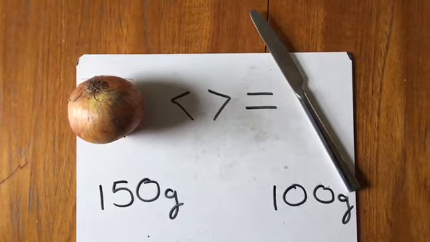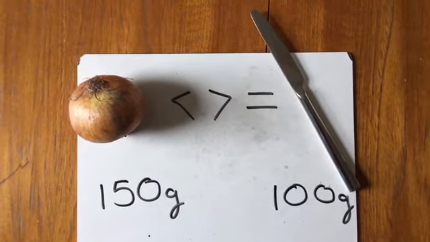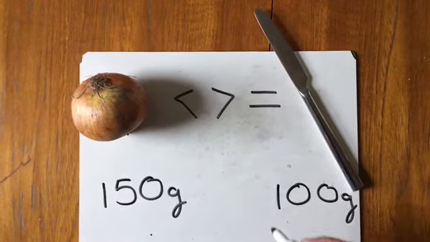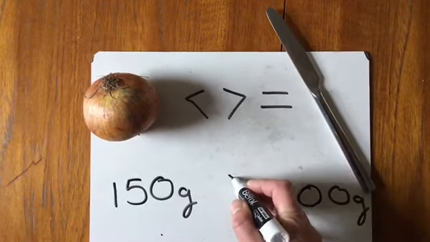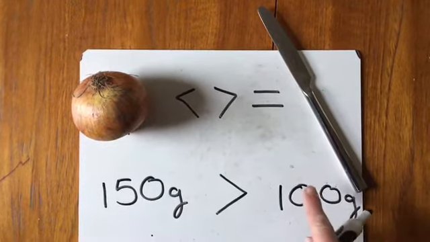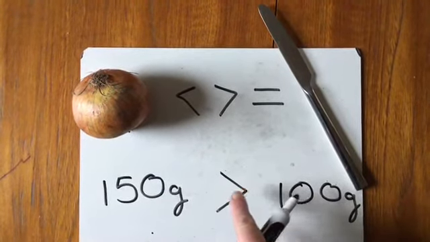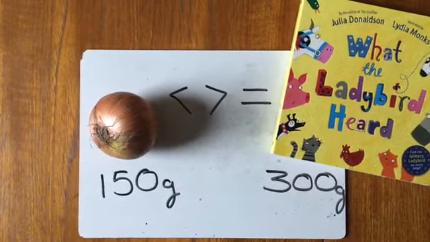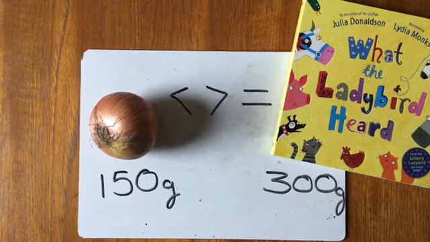150 grams is more or less than 100 grams. So the onion, was that more or less than the knife? 150 grams is greater than 100 grams, and 100 grams is less than 150 grams. Okay, the book was 300 grams and the onion was 150 grams.